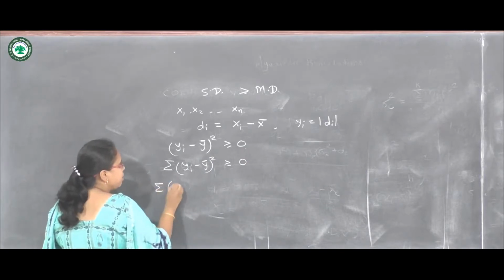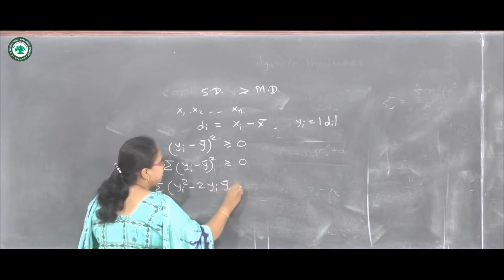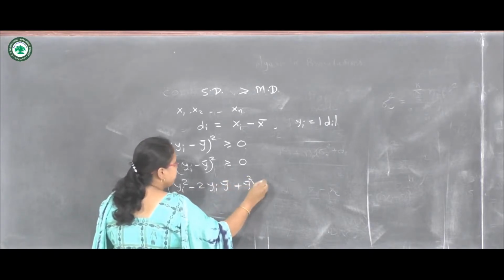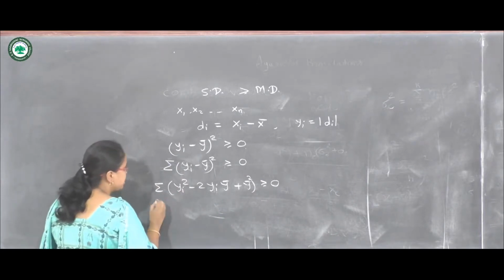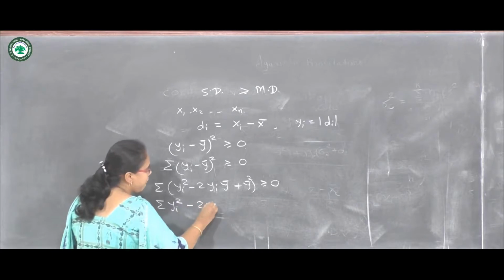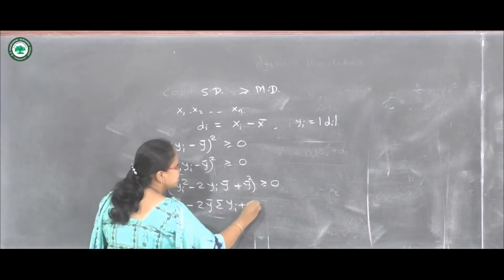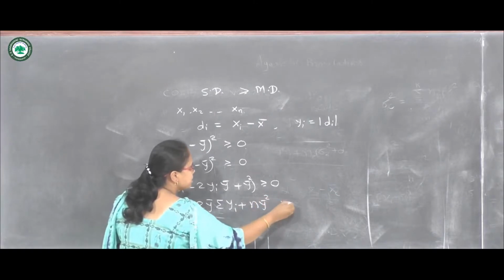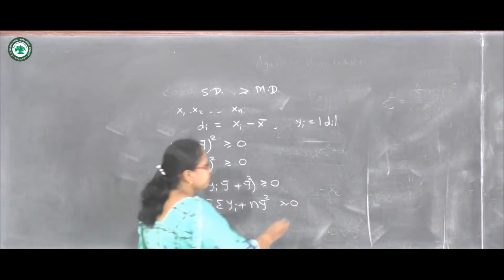So summation of yi square minus 2 yi y bar plus y bar square is positive. We will take now this summation sign inside the bracket. So summation of yi square minus 2 y bar into summation yi plus n times y bar square. This term is always positive.